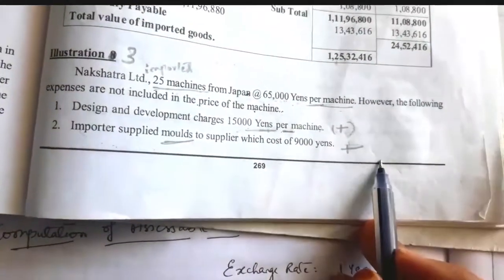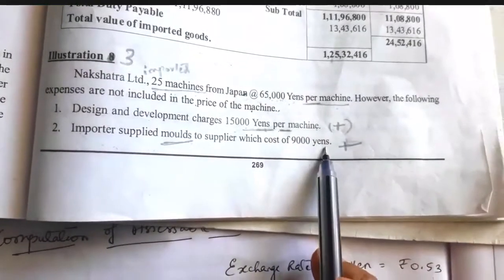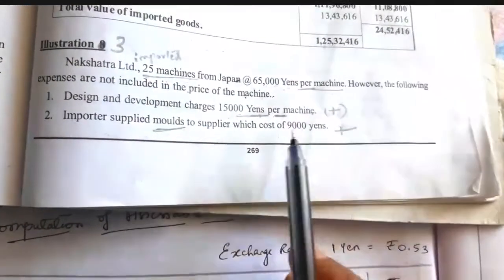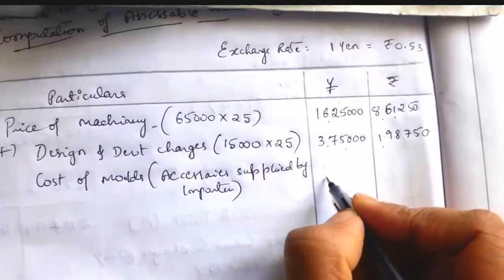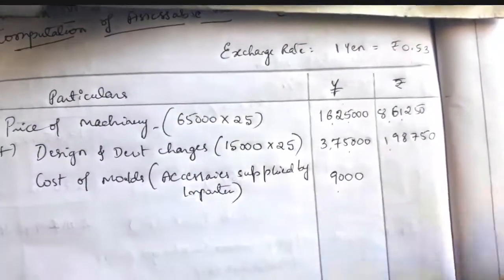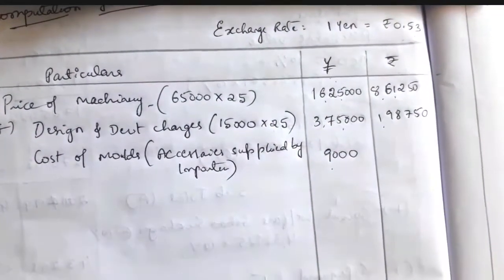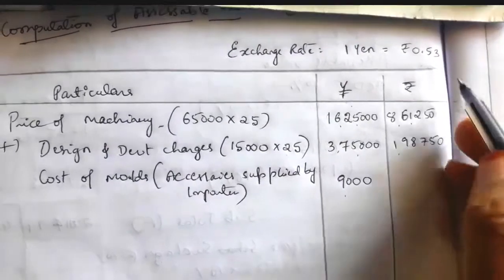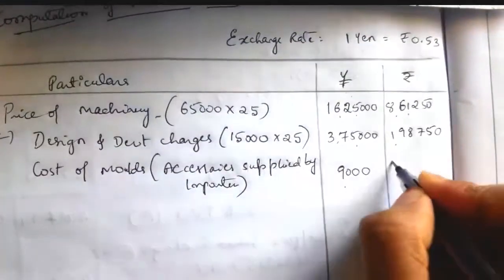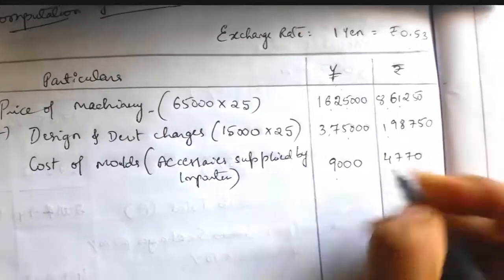That is given as 9,000 yens. Don't multiply again by 25, because this one is not given per machine. They have directly given 9,000 yens. So write 9,000 in the yen column. Now convert 9,000 into 0.53, which is equal to 4,770.